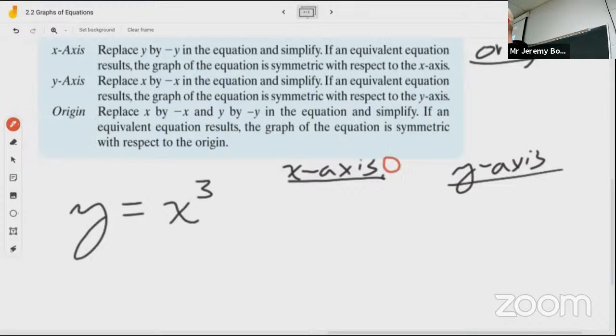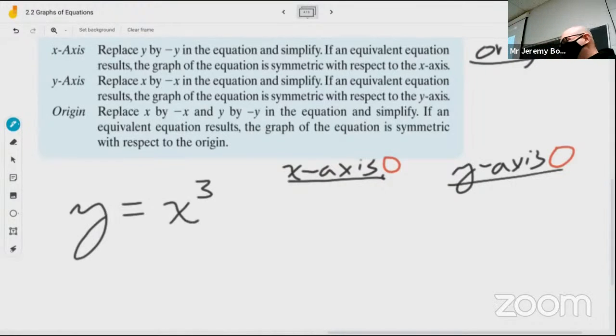How many people think it's symmetric with respect to the y-axis? One person? How many people think it's symmetric with respect to the origin? Nobody again? Okay, let's see what happens. It's fine, you don't have to commit. I was just curious what people thought.